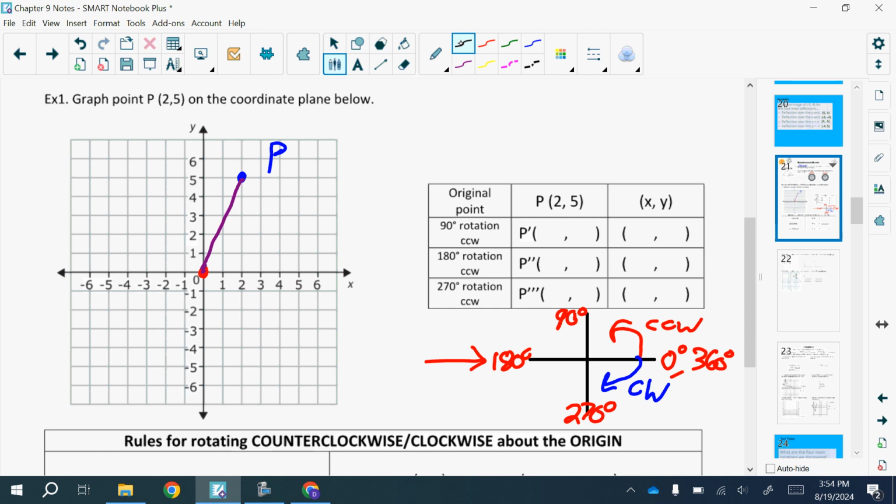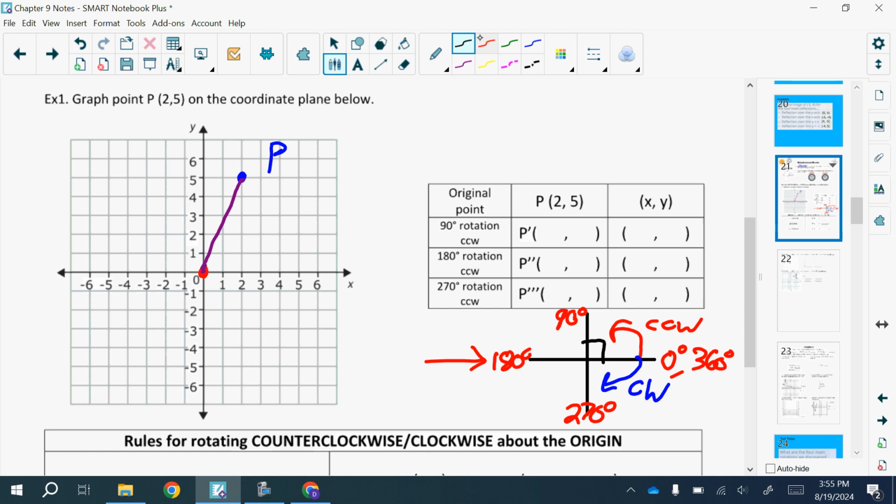If we want to rotate this point 90 degrees, we need to make a 90-degree angle between this line connecting our center of rotation to our point, and the line that connects the center of rotation to our transformed point. We need those two lines to be perpendicular or have 90 degrees between them. Again, 90 degrees is the L shape if you're looking at this coordinate plane.